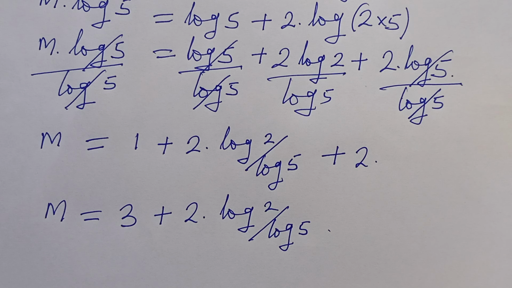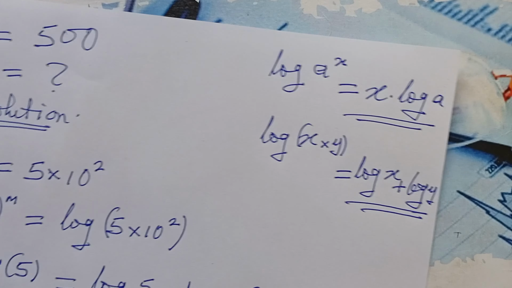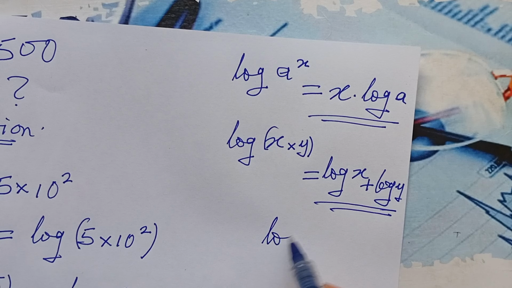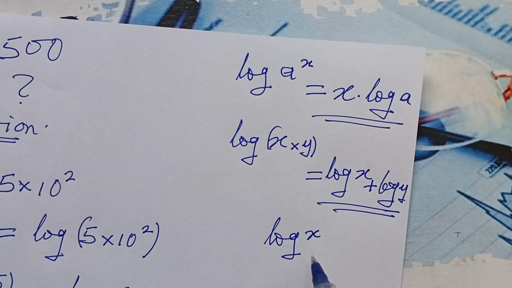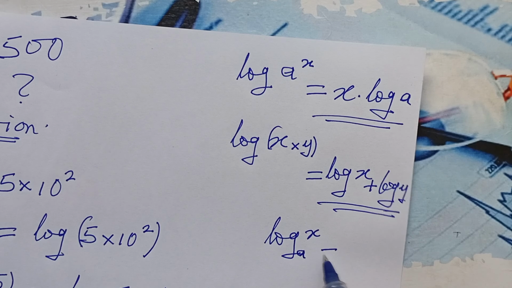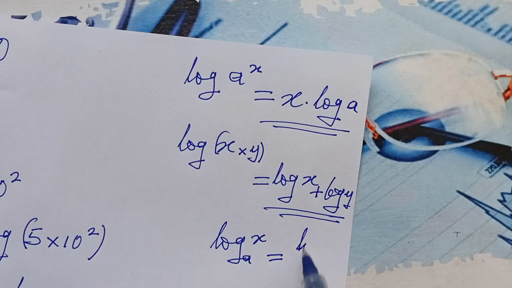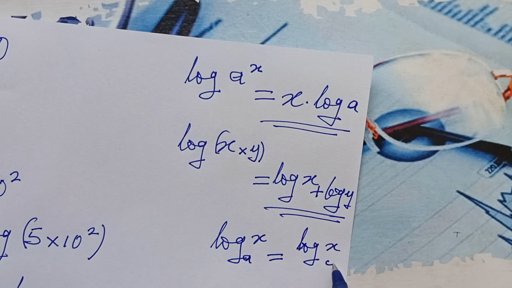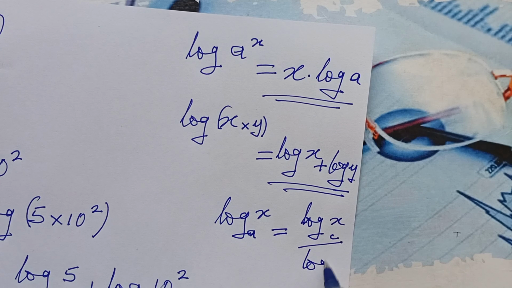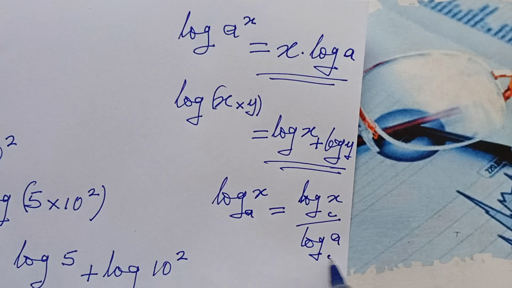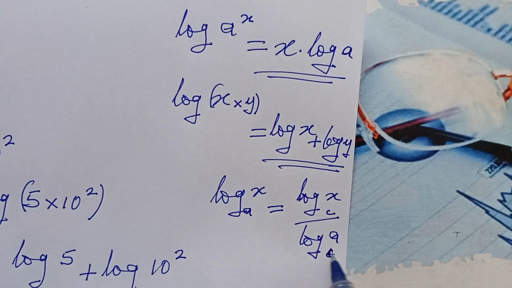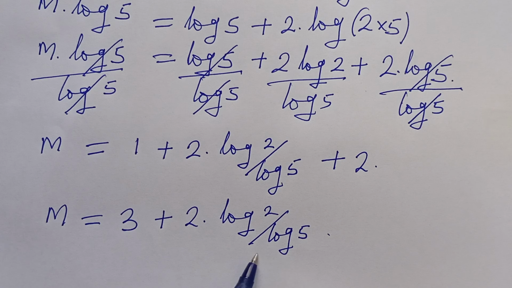And so we're going to resort to a simple law in logarithm which says that when you have the log of x base a, and we want to change the base to c, this is going to give us the log of x base c all over the log of a base c. Cool. So with this, we can change this to base 5.